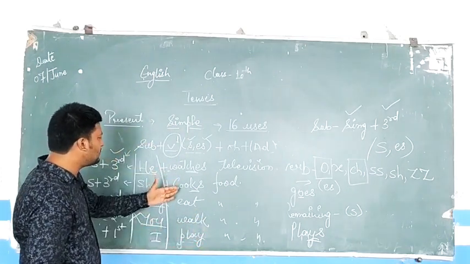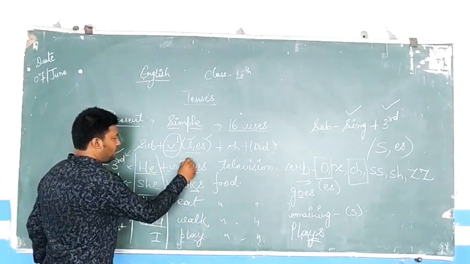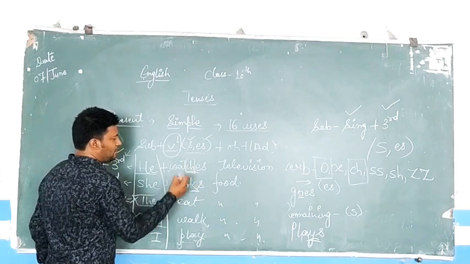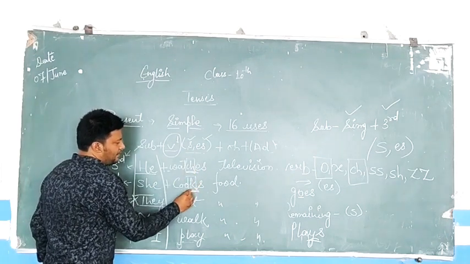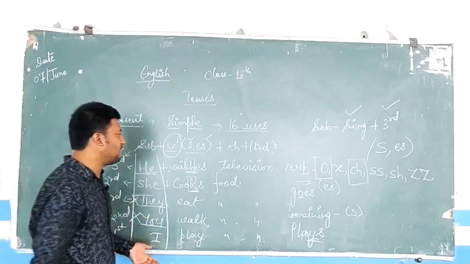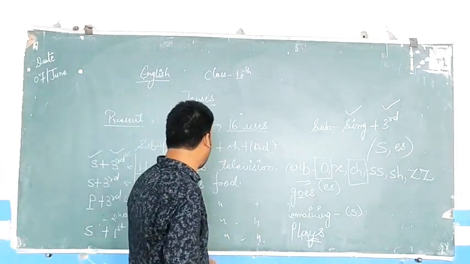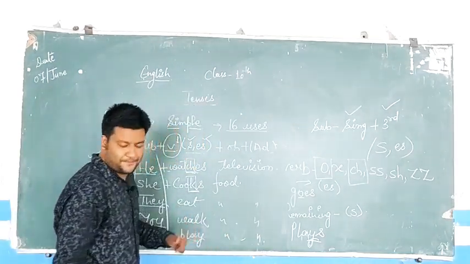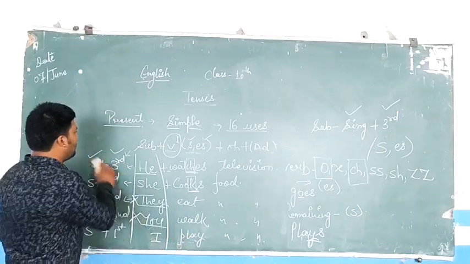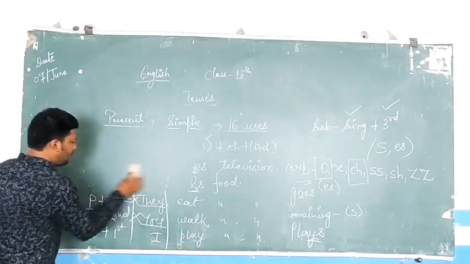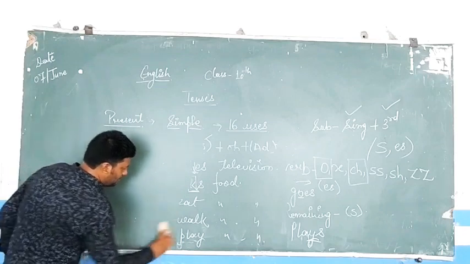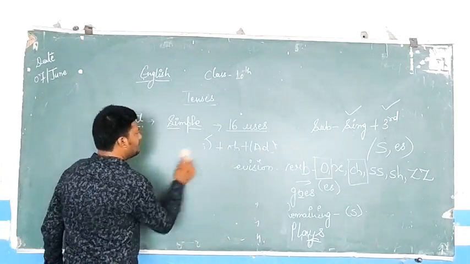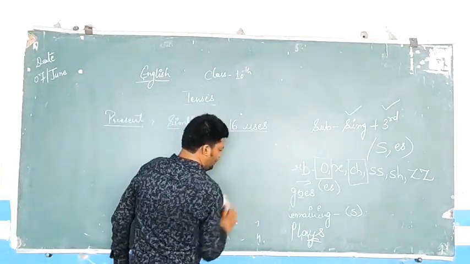But here in 2 of the verbs, I will check what is the ending of the verb, and as per the ending of the verb, I choose whether ES or S. Let me rub it all for you, and during rubbing it again, simple things.